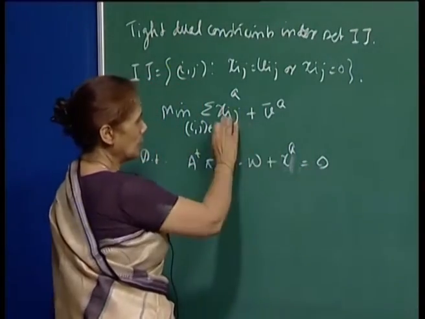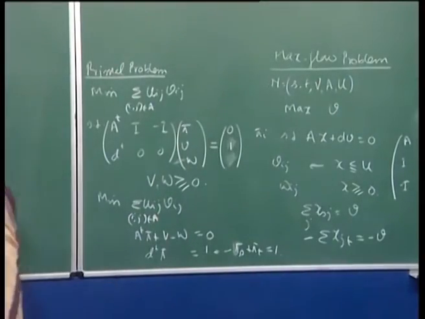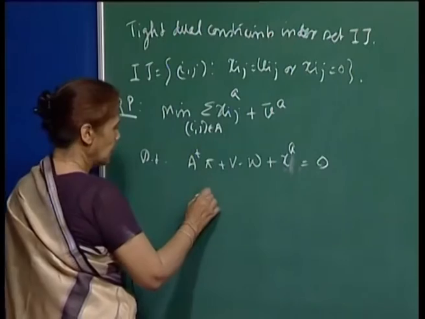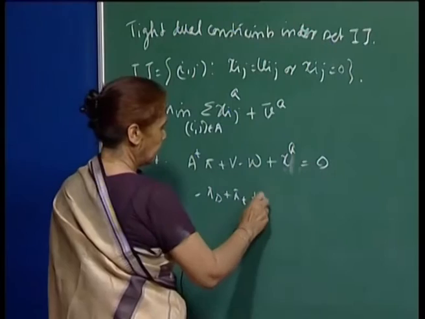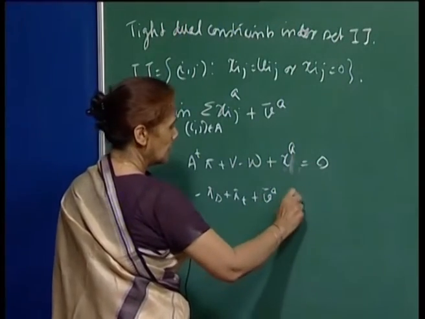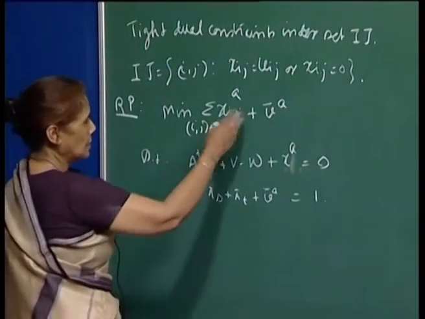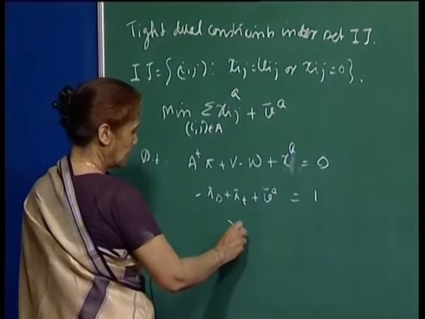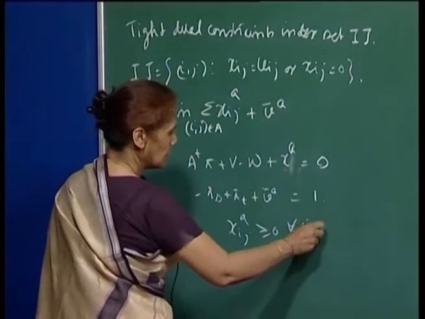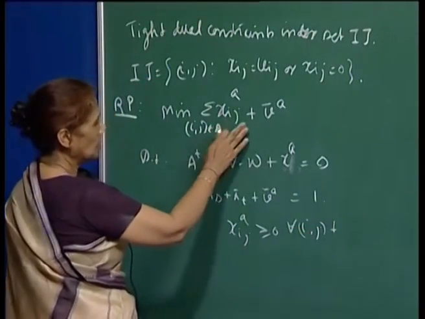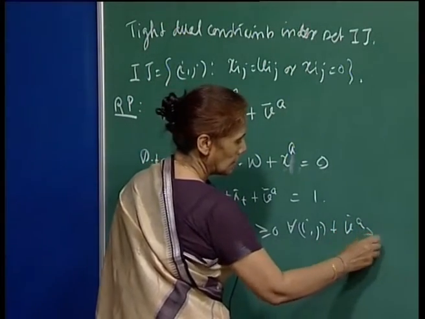I am calling this vector comprising all the ij's x^A. And I can write the other constraint in simpler form: minus pi_s plus pi_t plus V bar A is equal to 1. And you have the non-negativity constraints: x_ij^a greater than or equal to 0 for all ij, remember, because we want to minimize this thing, and V bar A is greater than or equal to 0.